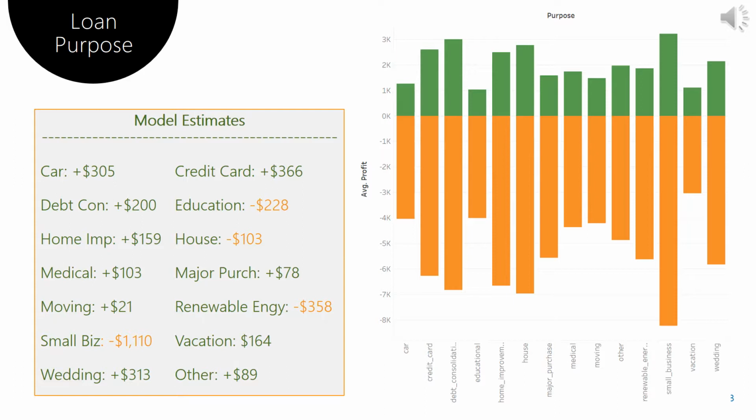Some of this could be that certain loans are less profitable because they tend to be safer, paid back quickly, not a lot of interest, low interest rates, not a lot of fees attached. Others could be less profitable maybe because they're more likely to be defaulted on.